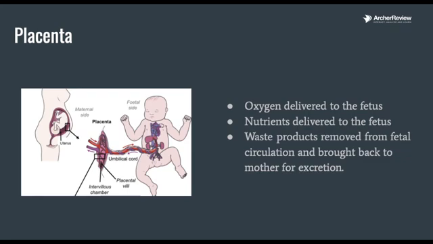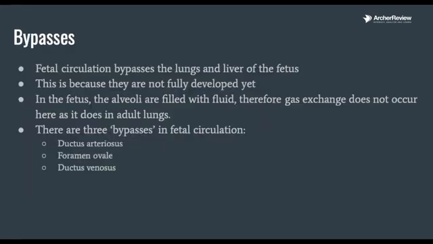So now let's dive into the circulation of the fetus once it actually receives the blood from mom, because that is a little bit different than the typical adult circulation. Probably the biggest reasons that they're different are the three bypasses, so to speak, that exist in fetal circulation. These exist because we don't want any blood going through the lungs and the liver of the fetus.